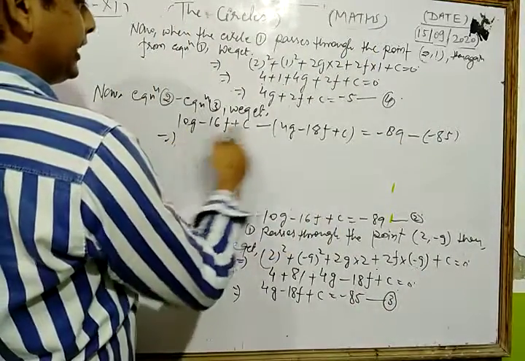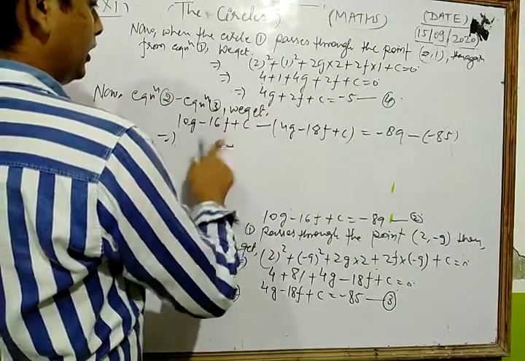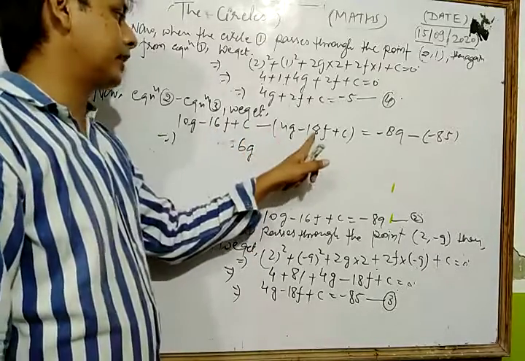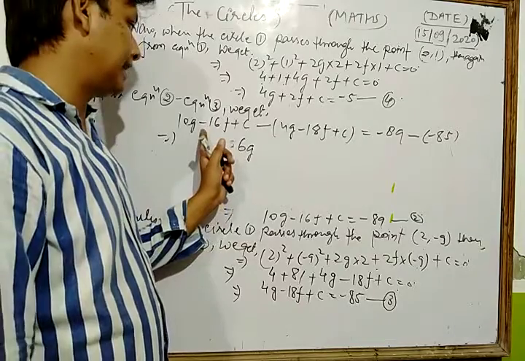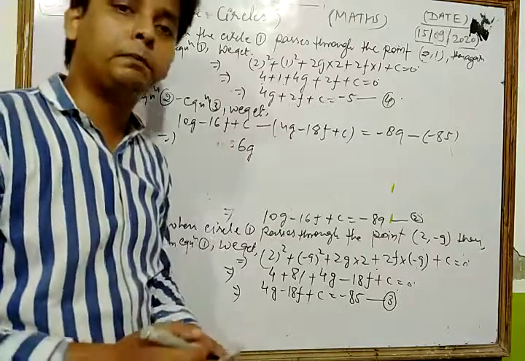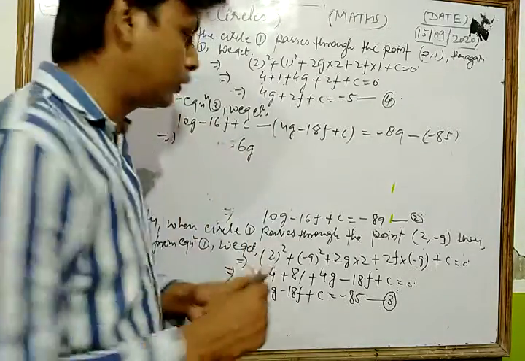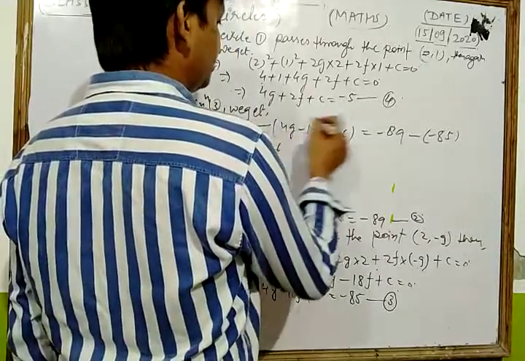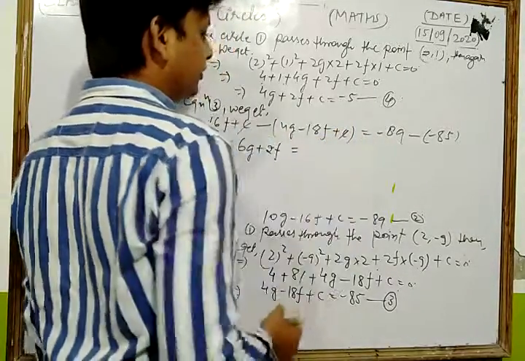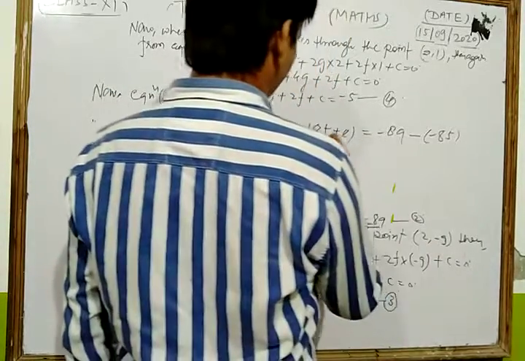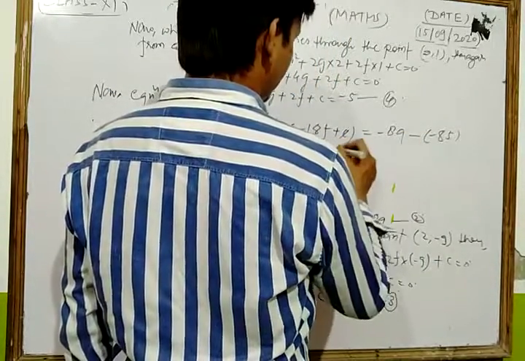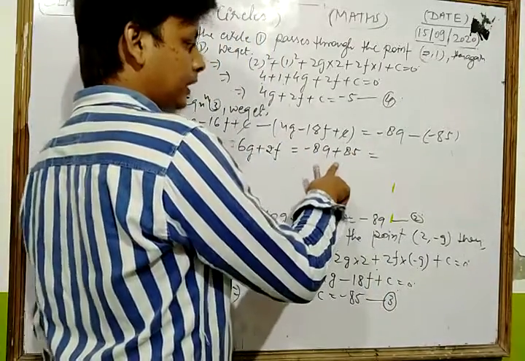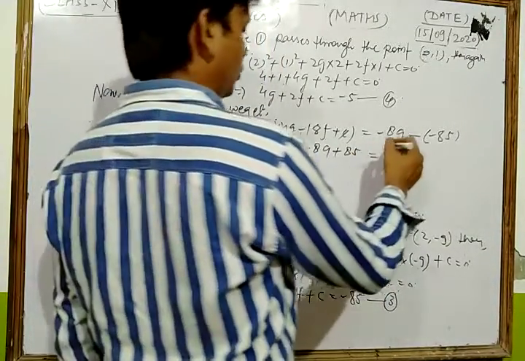We get 10g minus 4g, that is 6g, and minus 16f plus 18f is plus 2f. Plus c and minus c cancel each other, and on that side we get minus 89 plus 85, which is minus 4.